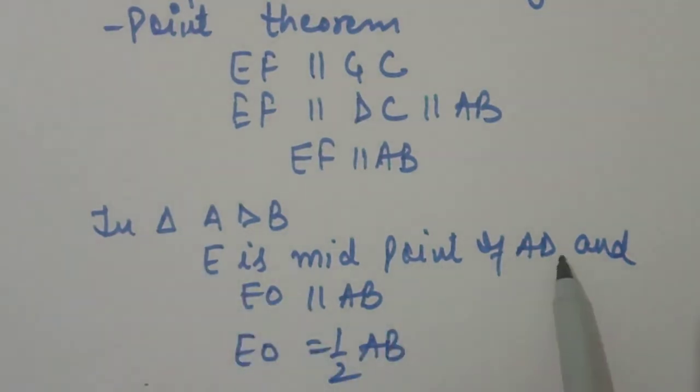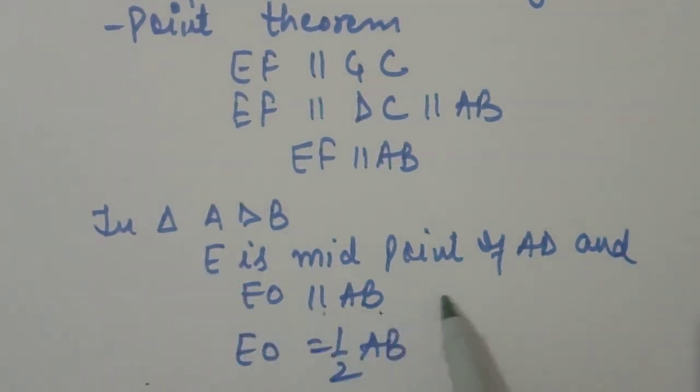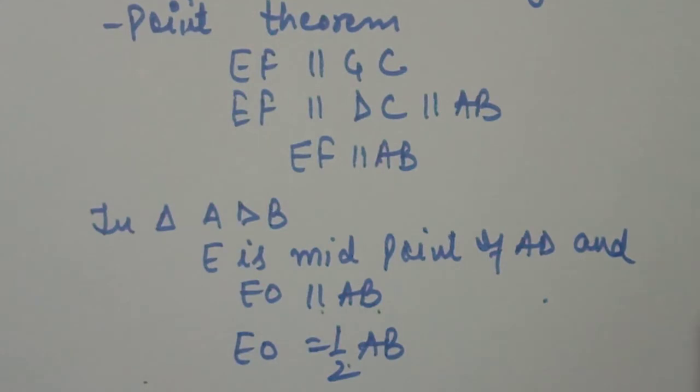Because E is the midpoint of AD and EO is parallel to AB, by the midpoint theorem, O is also the midpoint of DB. So EO is equal to half of AB.